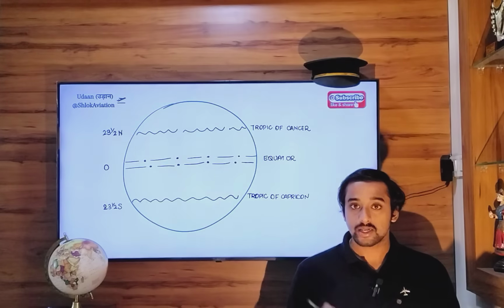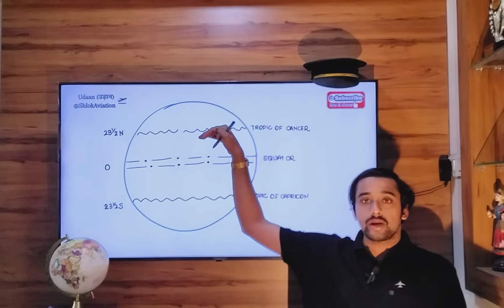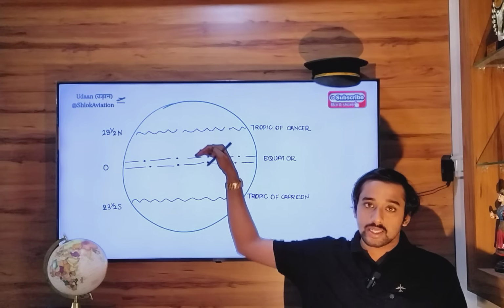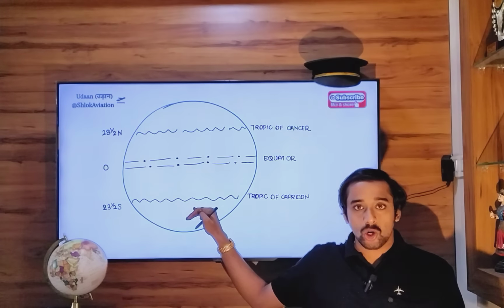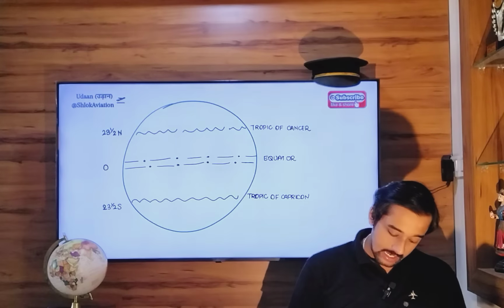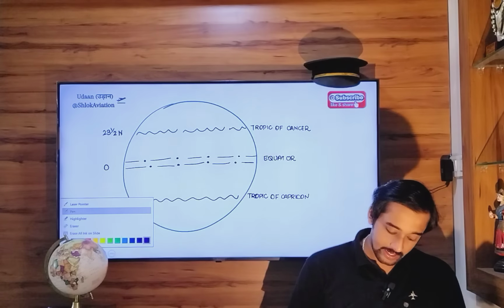So the sun travels between these two latitudes, 23.5 degree north and 23.5 degree south. Okay.